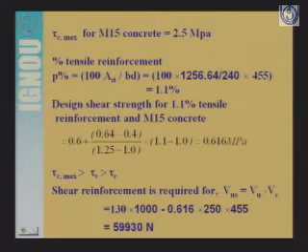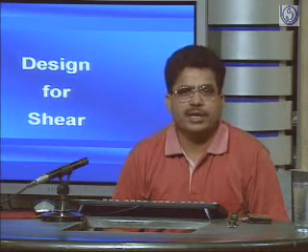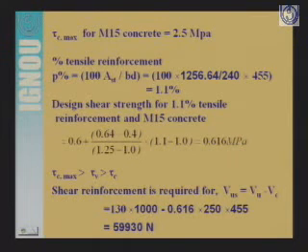VU is the factored shear force, 130 into 1000, and VC we can calculate from tau C into B into D, by multiplying tau C by the effective cross-sectional area. So we get the value as 59930 Newton or 59.93 kilonewton.